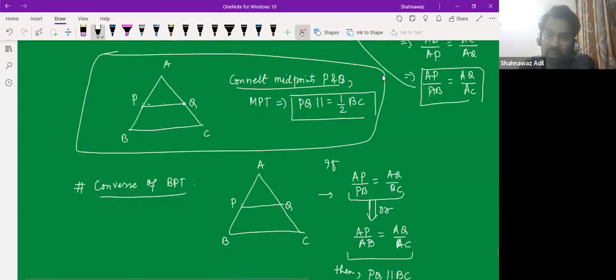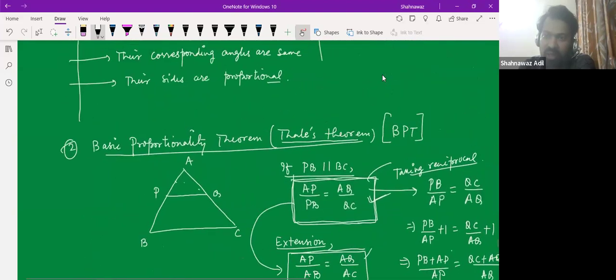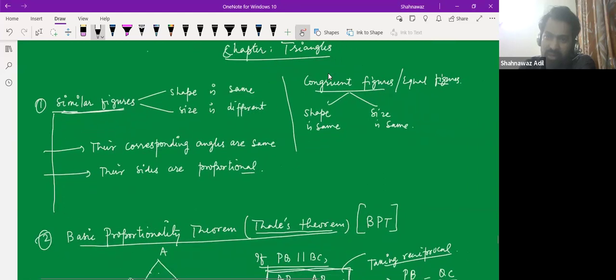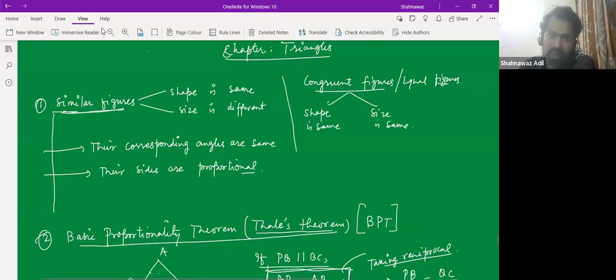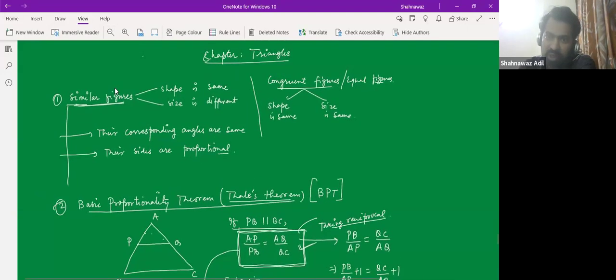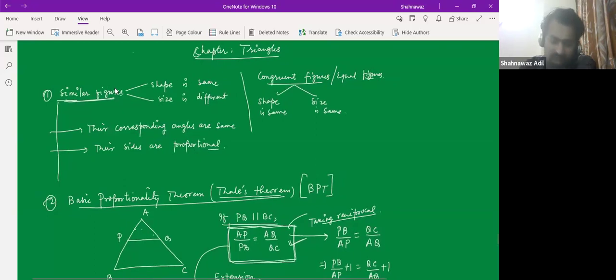You guys quickly note down this thing. Have you guys made your personal notes, short notes? Yes, sir. So make your personal notes, short notes. You can also prepare some sticky notes, and if your parents allow, you can paste them on the walls, because those sticky notes can damage your walls.